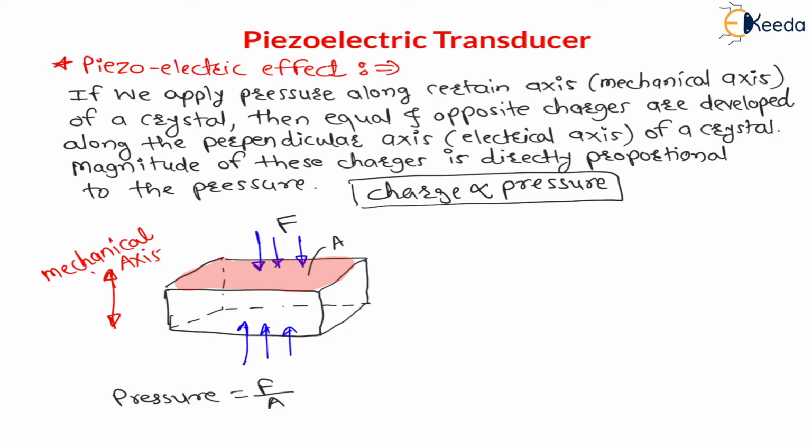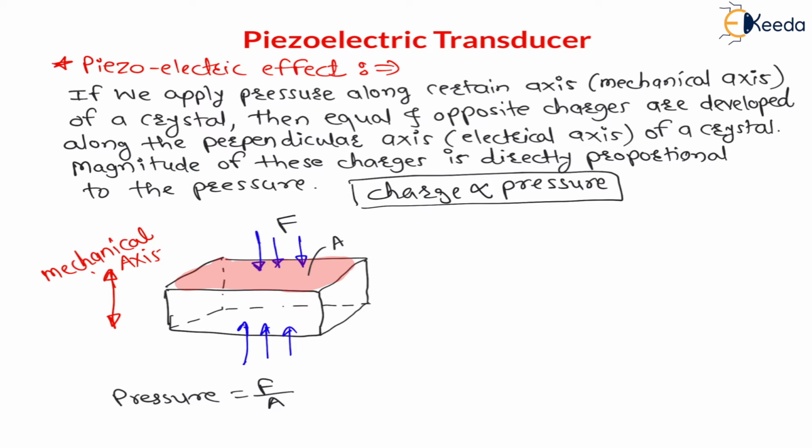electrical charges are produced of equal magnitude. Means one side there will be a positive charge, another side there will be a negative charge. Equal magnitude means one is positive charge and one is negative charge, right? So my dear students, let us say on this face, let me highlight this face with blue color.